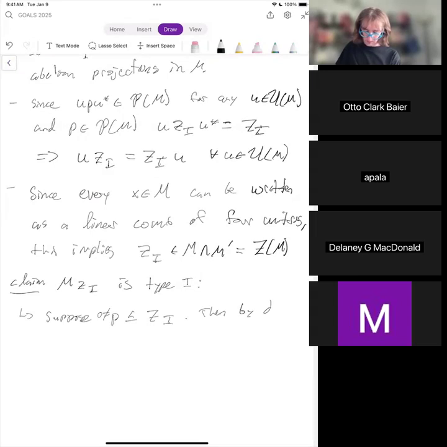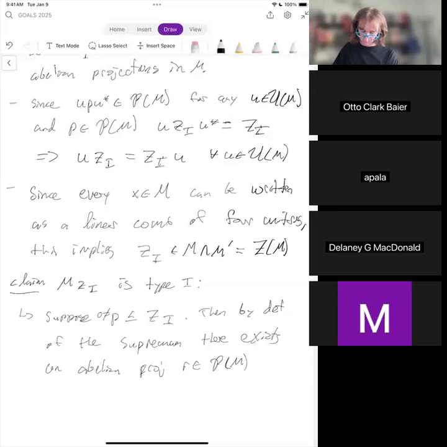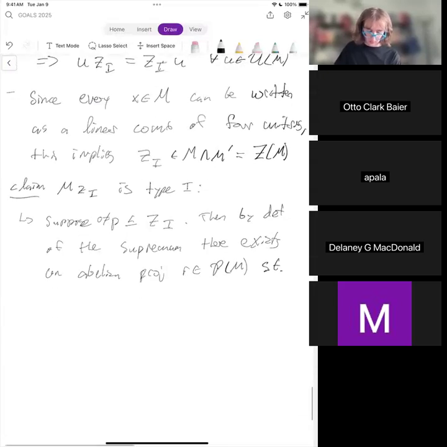Then by definition of the supremum, there exists an abelian projection R such that PR is not zero. And this is going to imply that PMR is not zero.